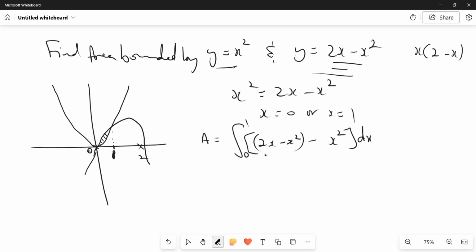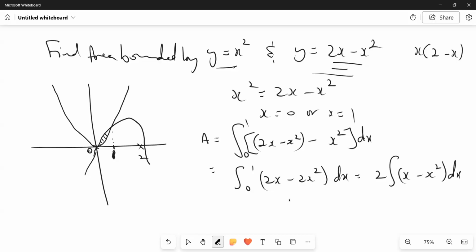So what's that going to simplify to? 2x minus 2x squared. You integrate that, you can pull out the 2 in front, you're going to get 2 times the integral of x minus x squared.